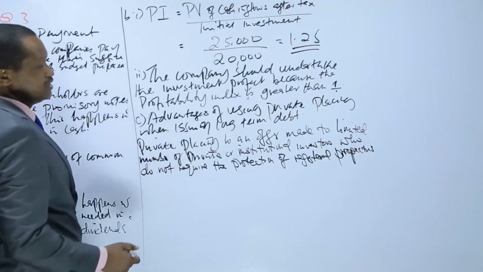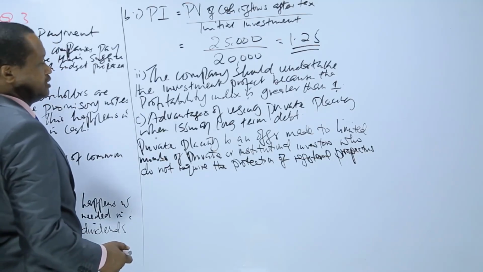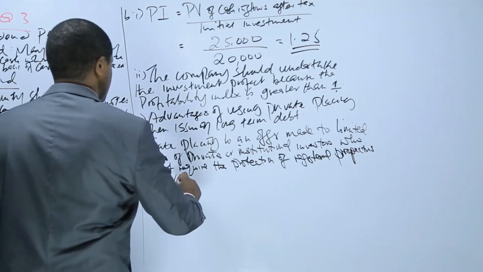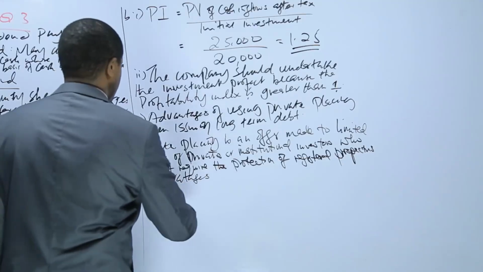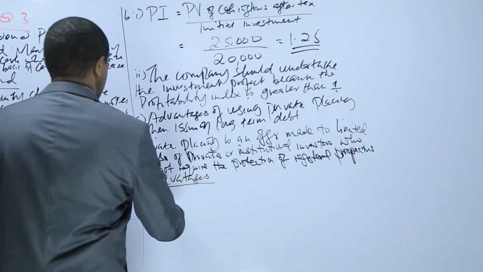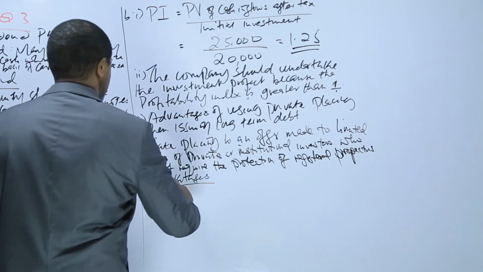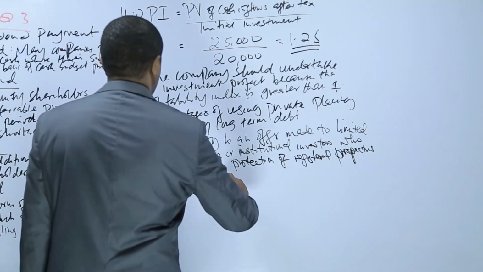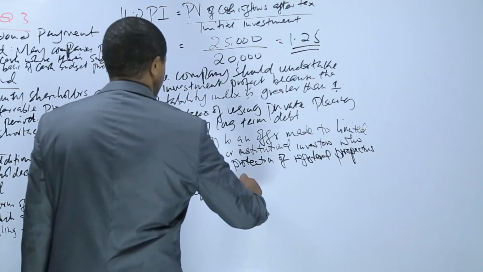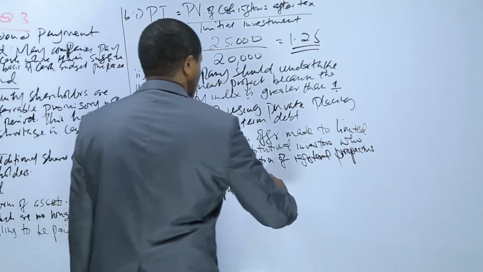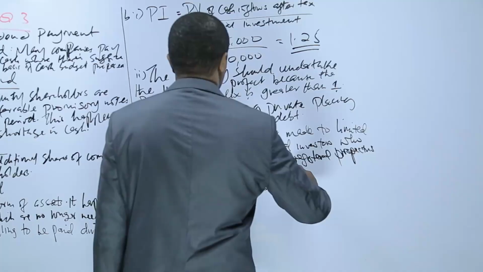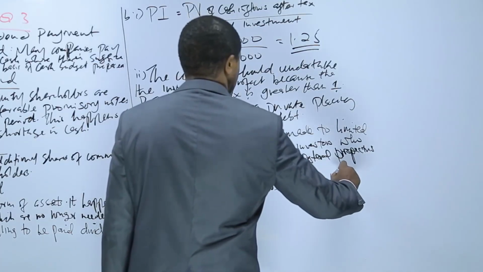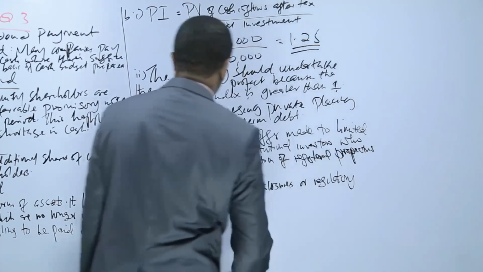So what are the advantages of using private placing? Advantage number one, private placing does not require public disclosures or regulatory approvals.